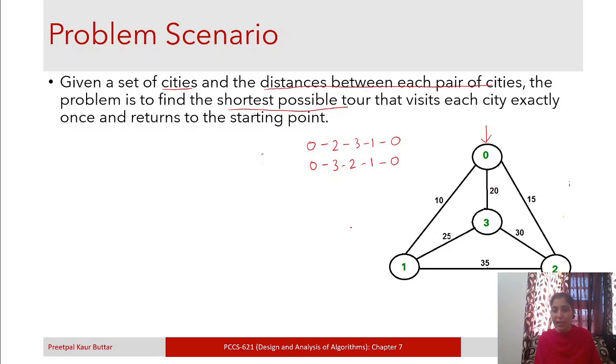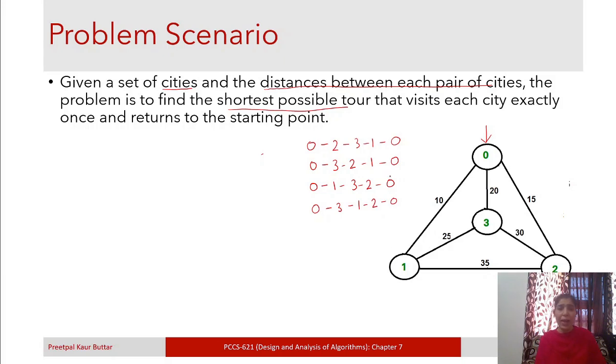There are some more possibilities, so these are not the only two choices. For example, we also have the possibility of going from 0 to 1 to 3 to 2 to 0. Similarly, we also have another option of 0 to 3 to 1 to 2 to 0.